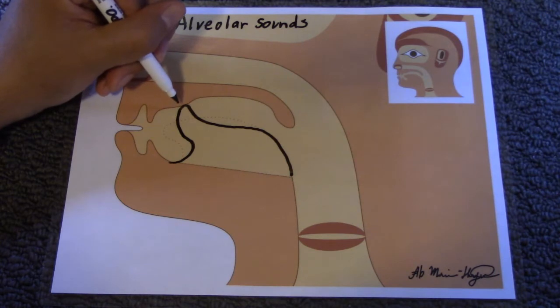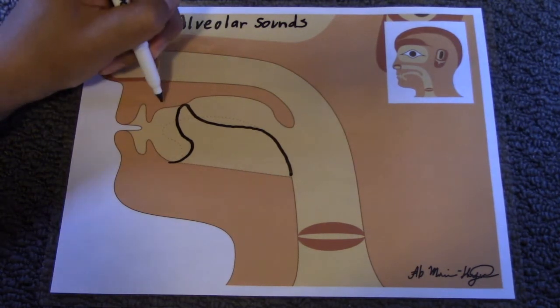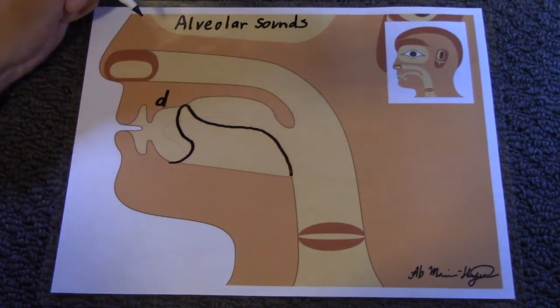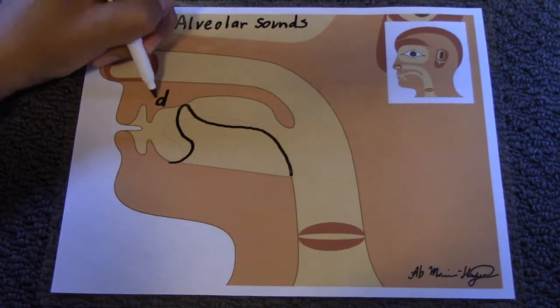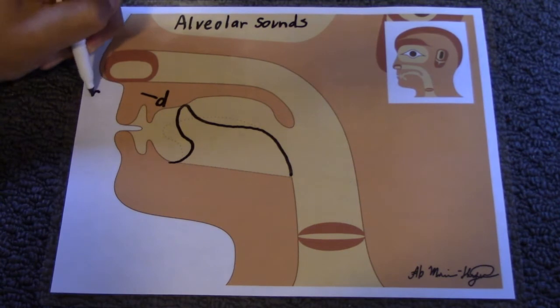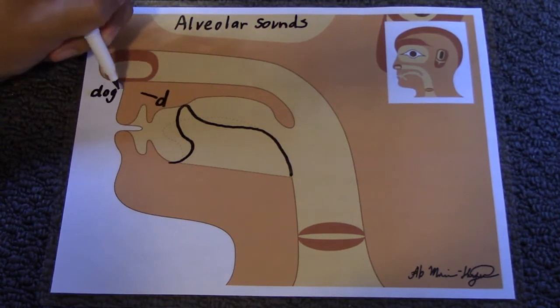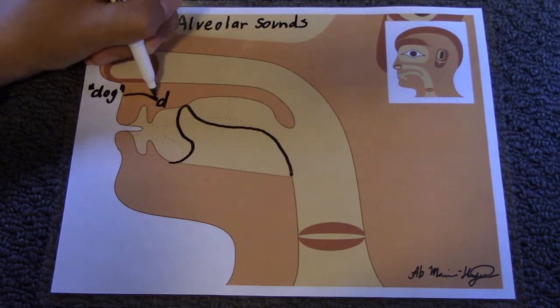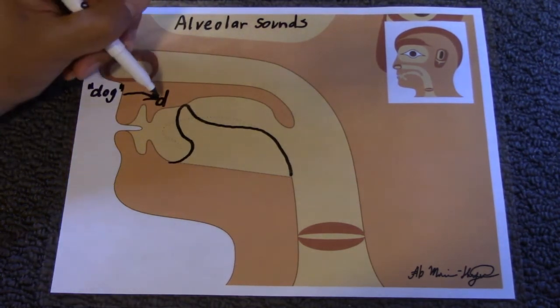So the letters we're going to take a look at here are the letters. The first one is D. So D, as in the English word dog. D for dog.